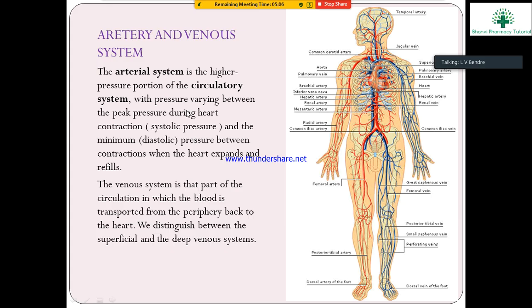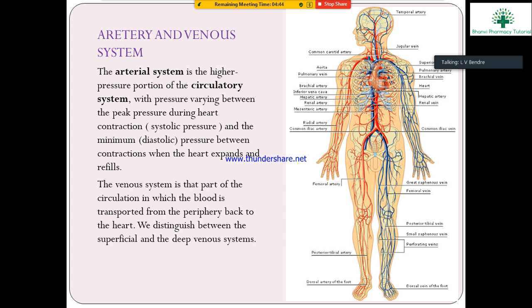The pressure varies between the peak pressure during heart contraction, known as systolic pressure, and the minimum diastolic pressure between contractions when the heart expands and refills.